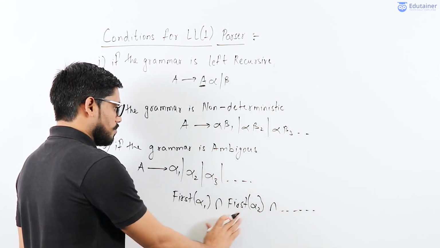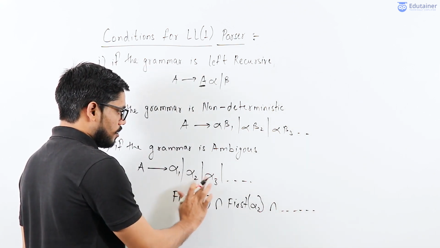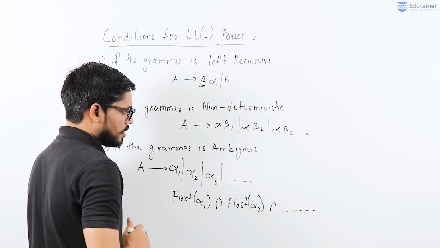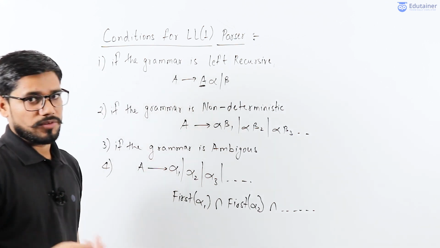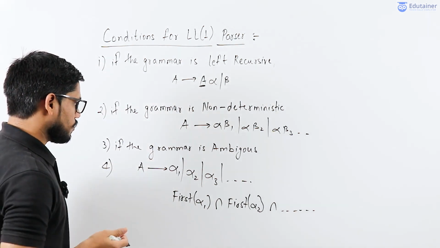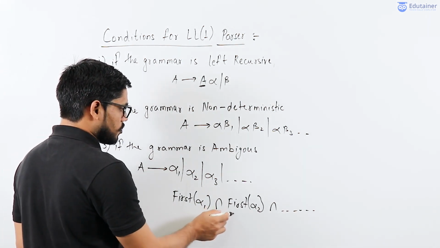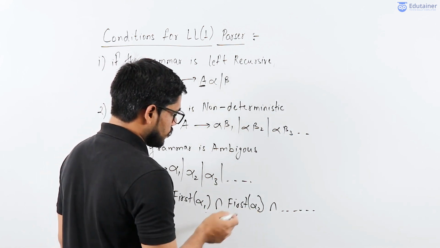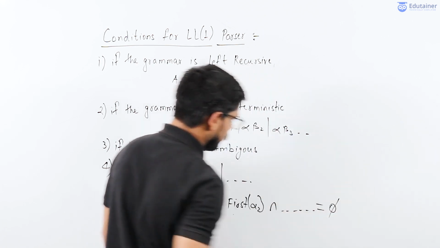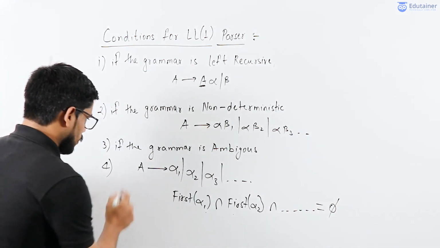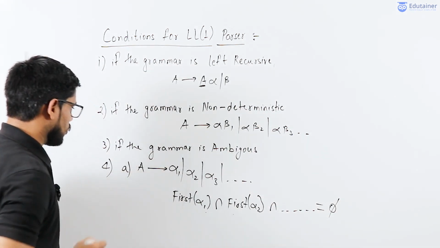If the intersection between these different productions exists, then we can say that this grammar is not parsed by an LL1 parser. So the intersection must be phi. It must be phi. This is the first part of the fourth condition.